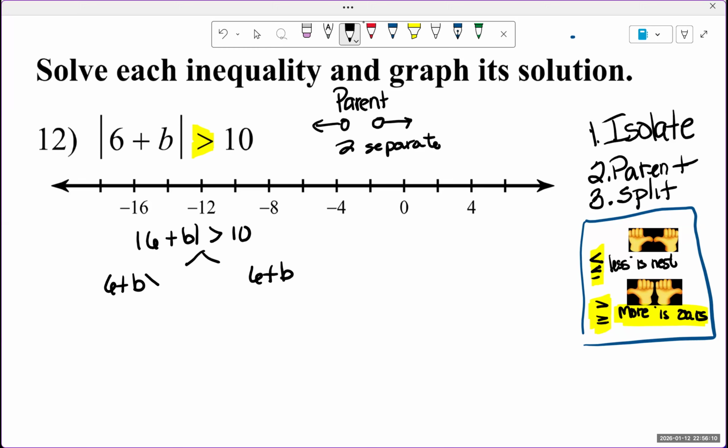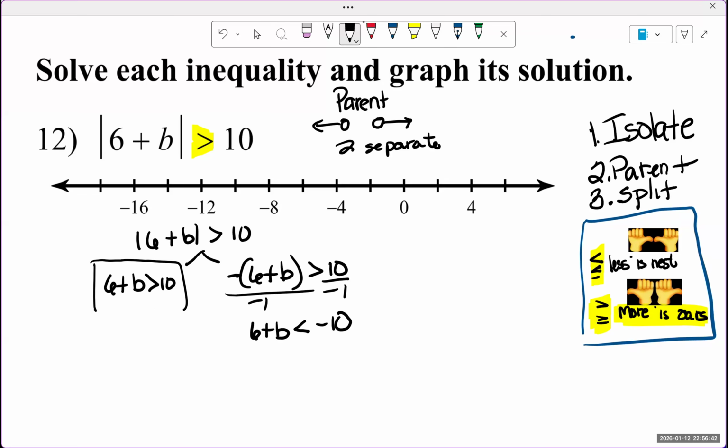So 6 plus b greater than 10, or the negative of 6 plus b can be greater than 10. But to get rid of that negative, I'm going to divide by -1. So 6 plus b is less than -10. Okay, so this is how we're going to split it.